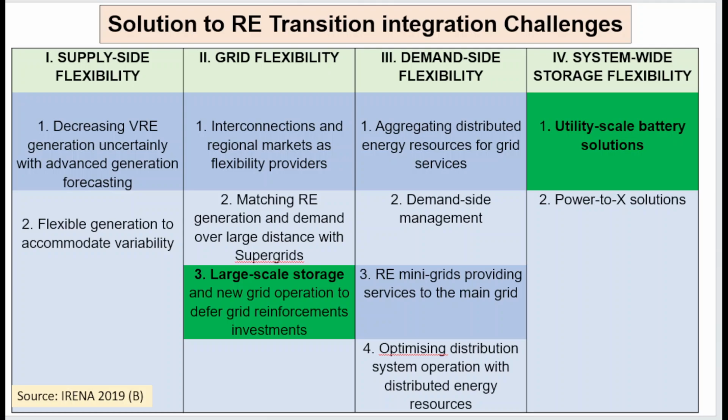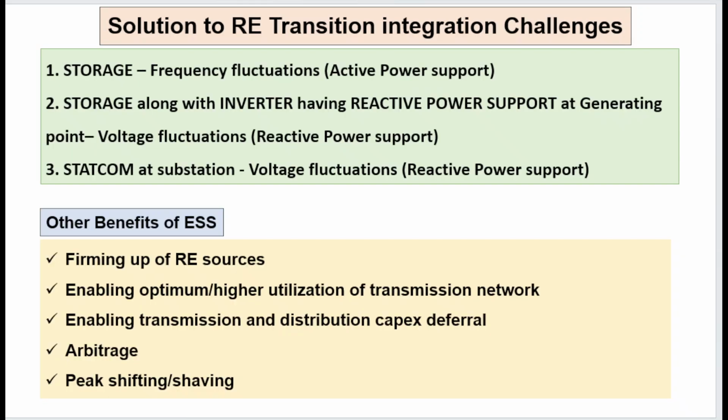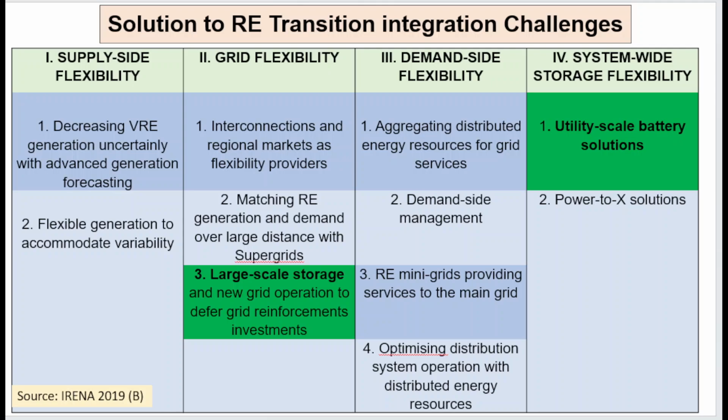So this power can be utilized to create some other X element, compound or source which can be used for other purposes, like green hydrogen, or hydrogen. So that is an example of this power to X solution. So just let me know if you want to discuss this in detail. So this has been the overall broad overview of all the solutions we have for RE integration at present.